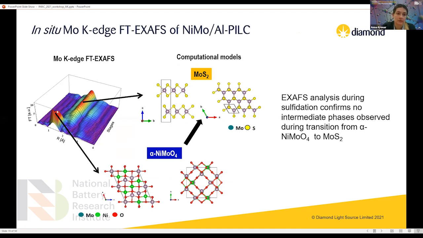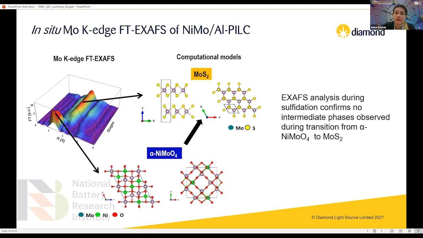So the maxima of the peak and its position can give us information straight from the beginning, while we receive the data during the measurement. If we are dealing with a peak at around 2 angstroms, that will indicate that our central atom, which is molybdenum in this case, and the neighboring atoms are around 2 angstroms distance from each other. The data is not phase corrected here, that's why it's really like 1.5, but once the data is phase corrected, that will be around 2 angstroms.